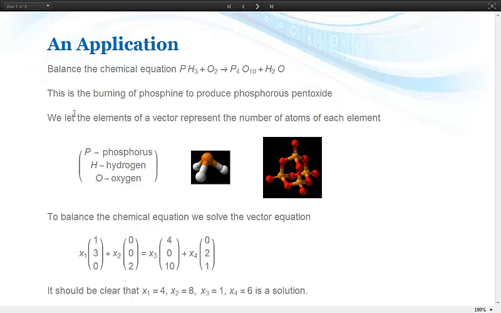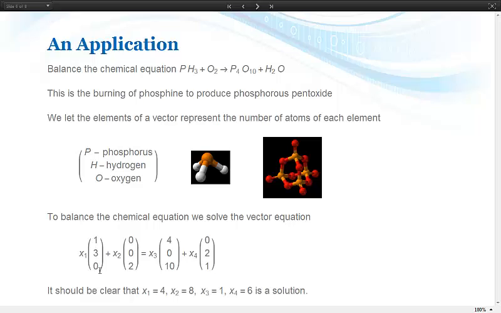Well, we can use linear algebra to solve a system like this. We let the elements of a vector represent the number of atoms of each element in one particular compound here. So the first element in the vector will represent how many atoms of phosphorus we have, the second element how many atoms of hydrogen we have, and the third element how many atoms of oxygen. So here in the first case it would be 1 phosphorus, 3 hydrogens, and 0 oxygens.